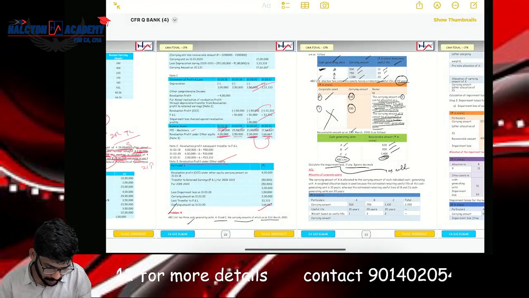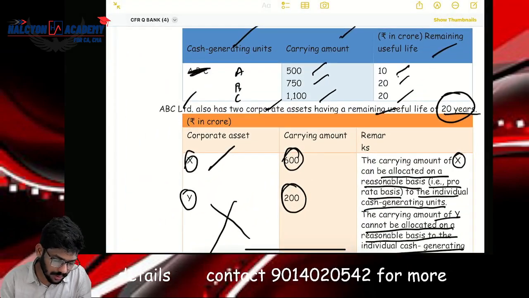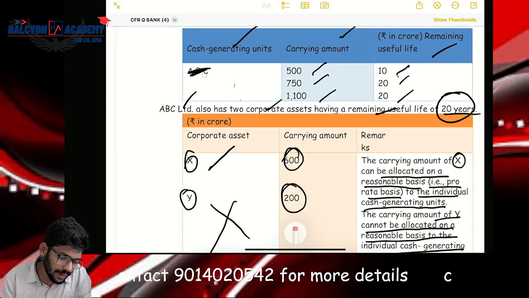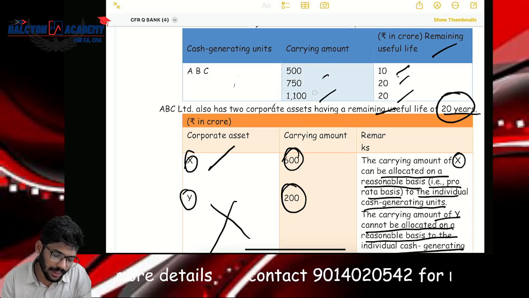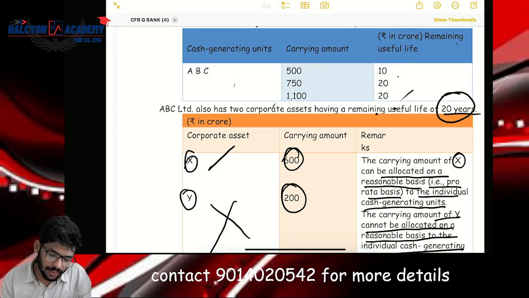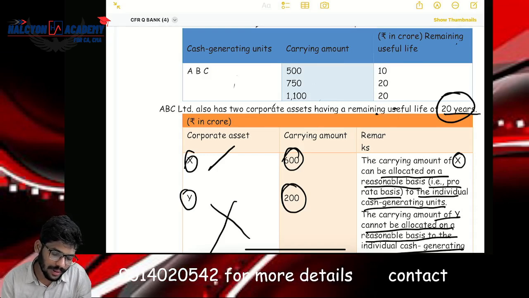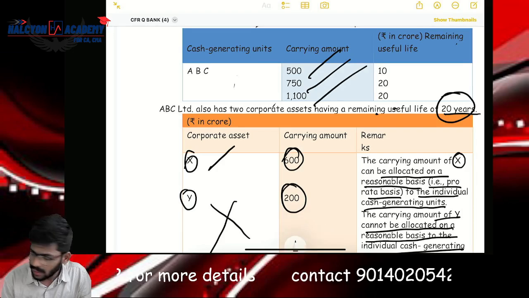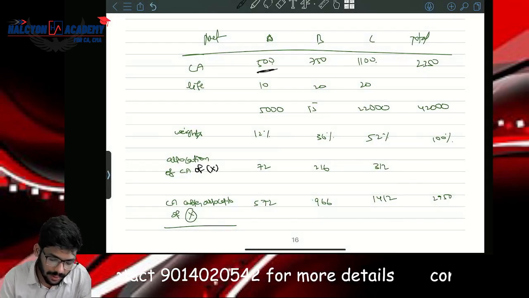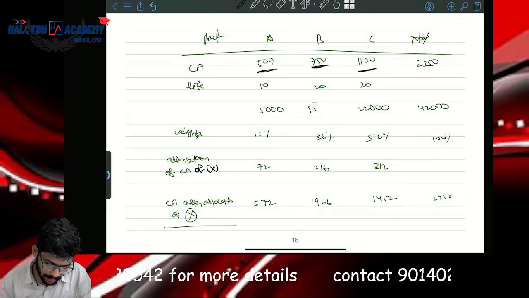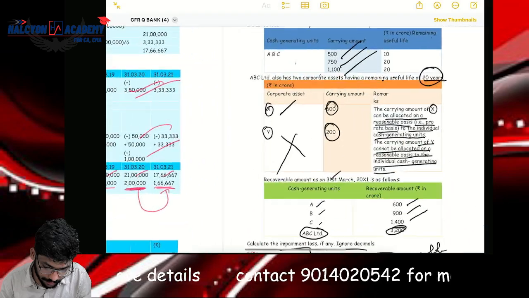Come to the question. First of all, if you want to calculate the impairment loss, what do you want? I want the carrying amount and the recoverable amount. Correct? So I already have the carrying amounts: 500, 750, 1100. Yes or no?